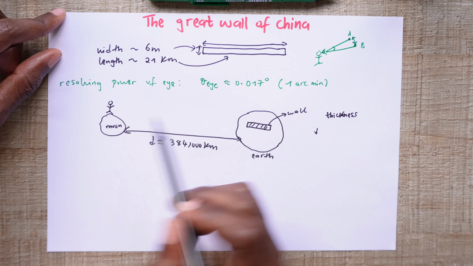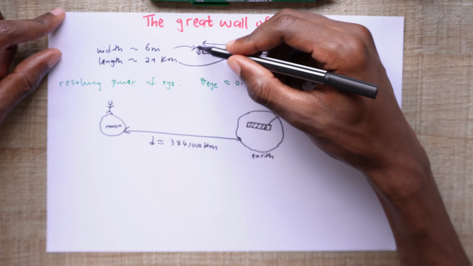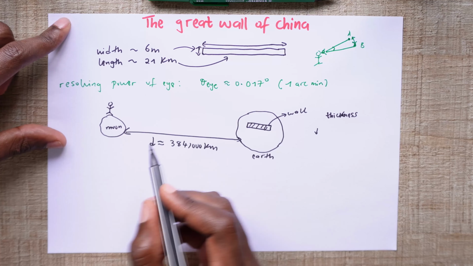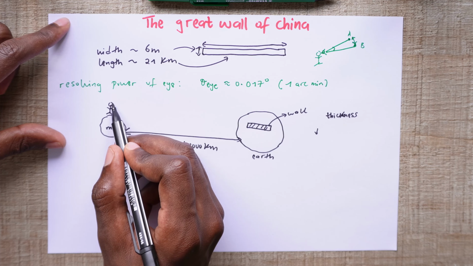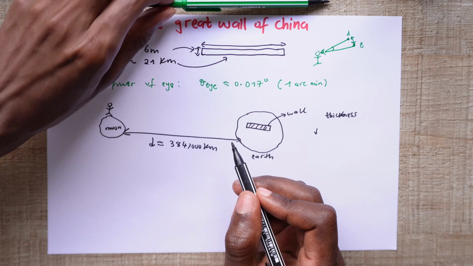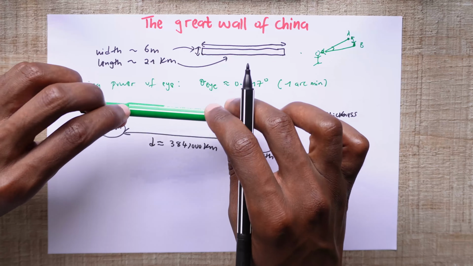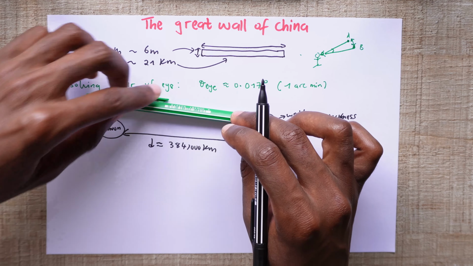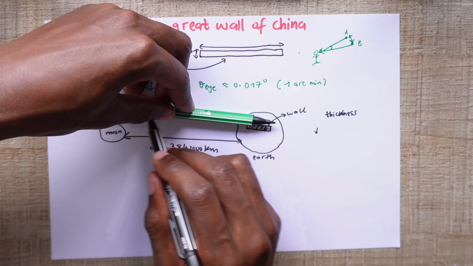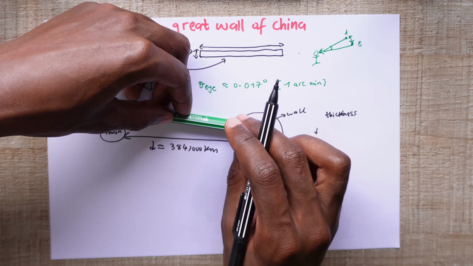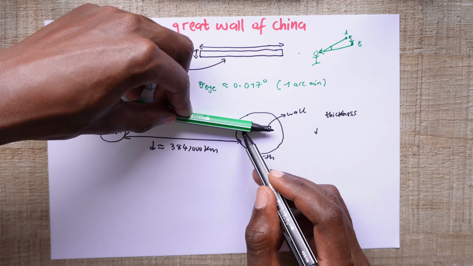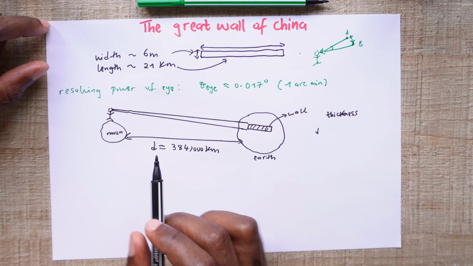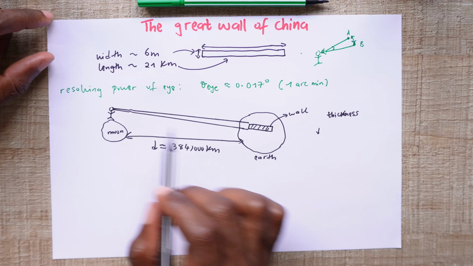So in this case, let's see if we are able to resolve the smallest dimension, which is the width in this case. So what your eye is going to see, so let's draw two lines. Okay, so here I've just drawn the lines of sight.